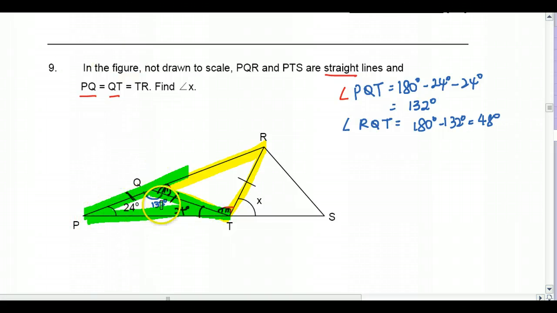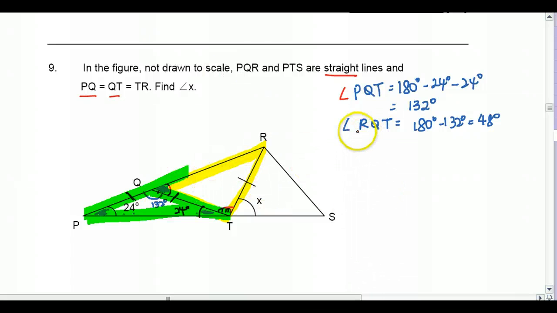Now in this triangle you will see that these two angles will also give me 48. 24 plus 24 is 48. This is called the exterior angle of a triangle, which is equal to the sum of the opposite interior angles.